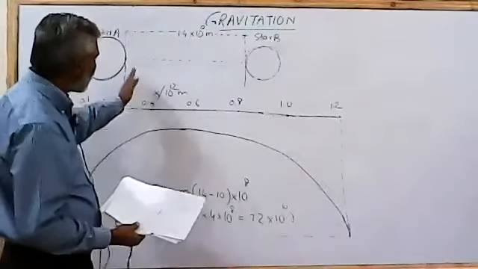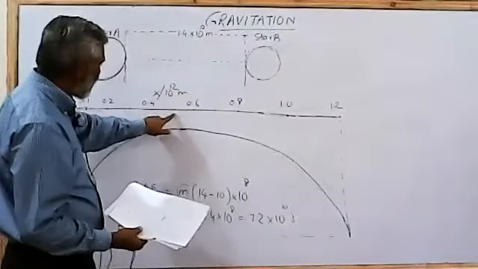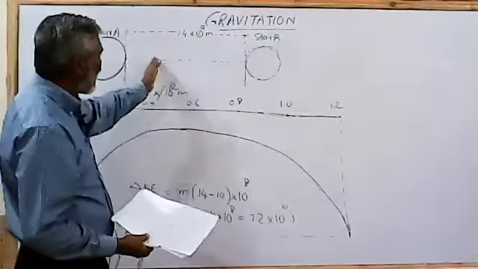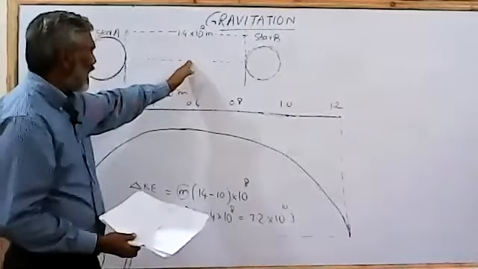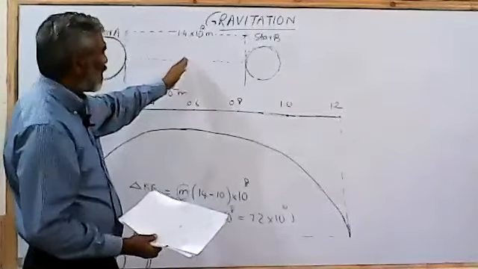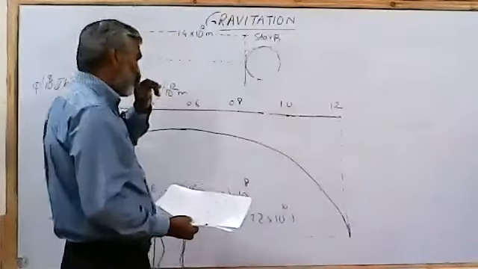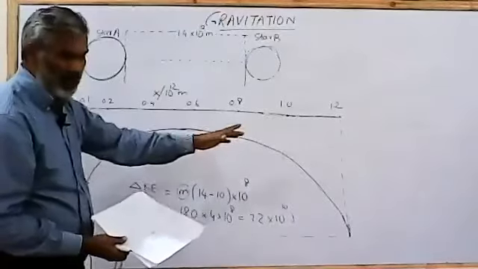So you have to throw it with a certain speed so it reaches this height. It's approximately 0.5 into 10 to the power 12 meter, and after it reaches here, it will come under the influence of the gravitational pull of this planet. So it will continue on its own and will keep falling towards it.